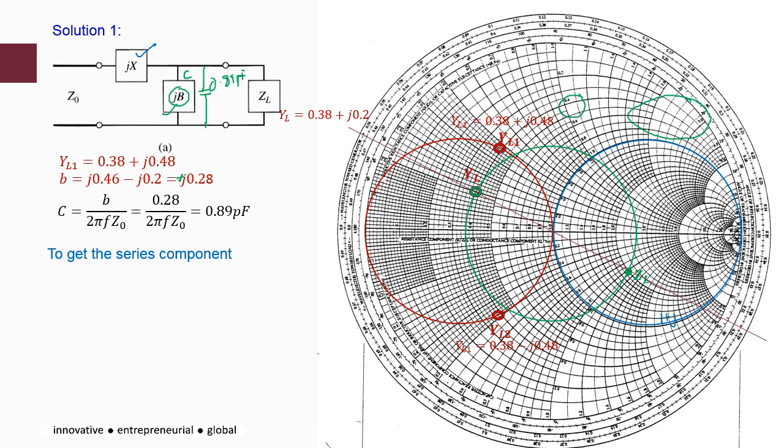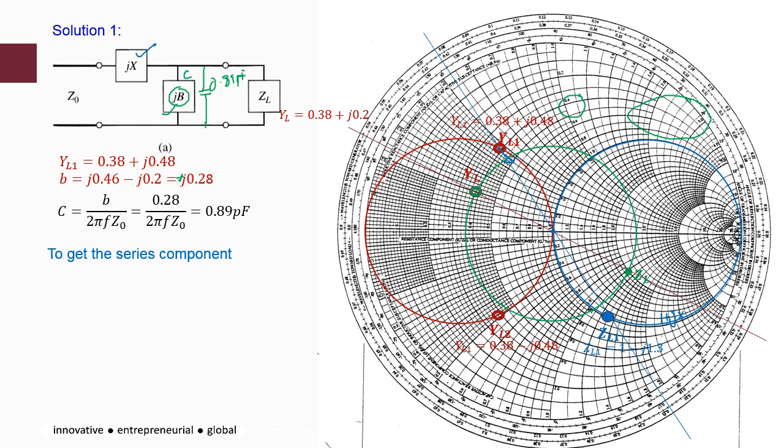The 1 plus jX circle is there, so you translate this point to the 1 plus jX circle. Draw a line crossing at the center and look at the intersection between the line and the 1 plus jX circle. You can name it ZL1. In this case, ZL1 is positioned at 1 minus j1.3.